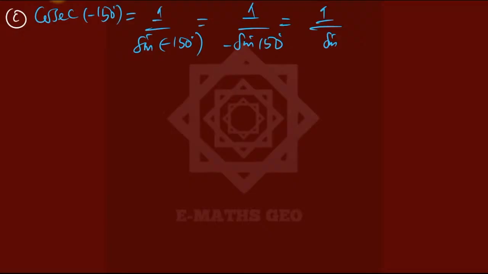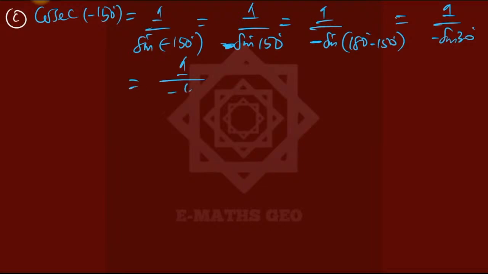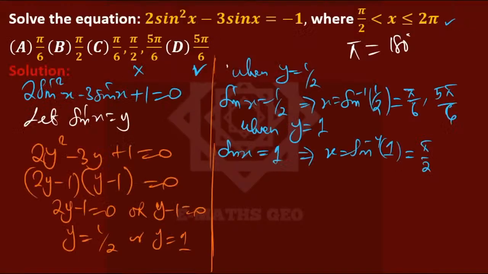But remember the former sign, the one we brought out, we put it, and we subtract 150 from 180. So we now have 1 over negative sin 30. And sin 30 is half. So I have 1 over negative half. So the answer is negative 2. So this is for negative identity.